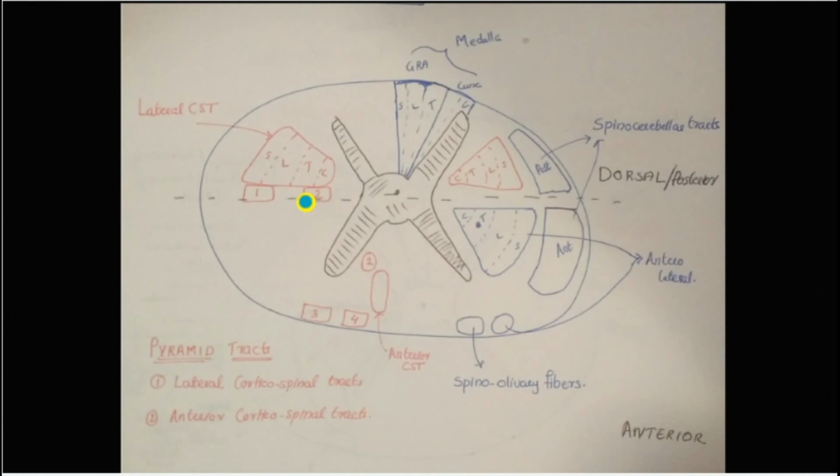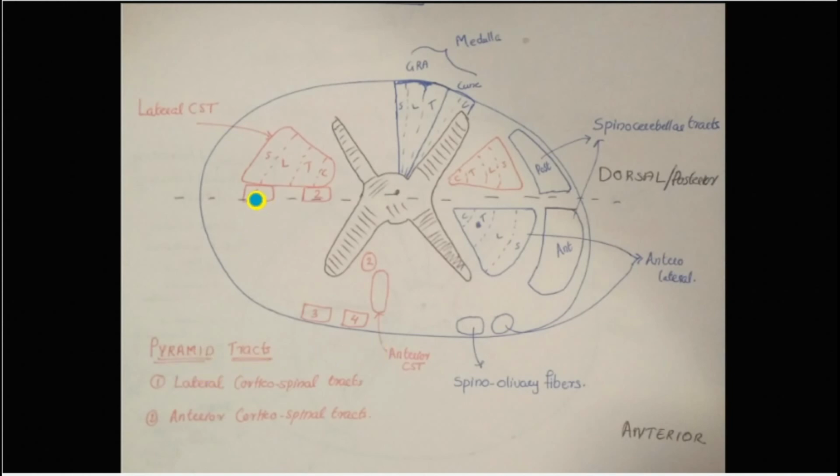If you come to the motor fibers or descending pathway, we have corticospinal tracts. This locates in the lateral position, and we also have the anterior corticospinal tract. It is included in the pyramidal tracts.